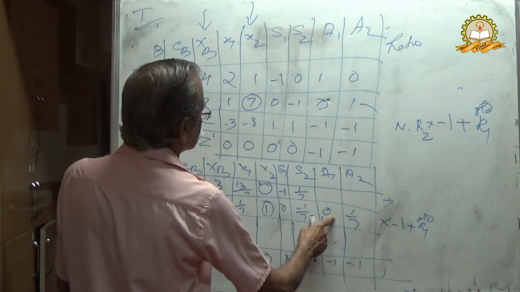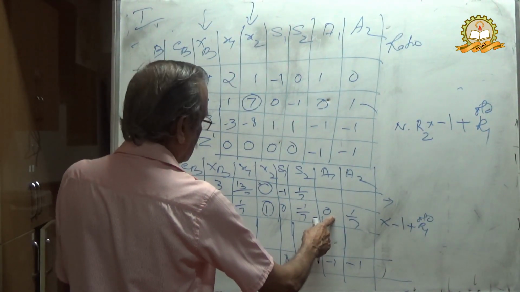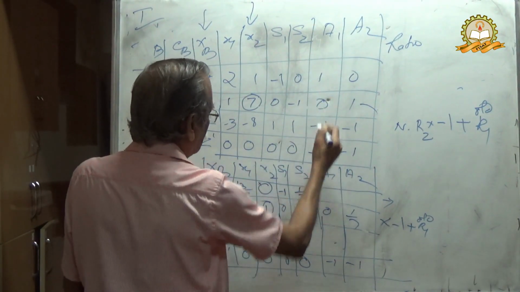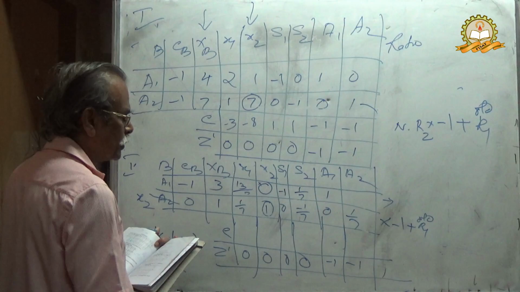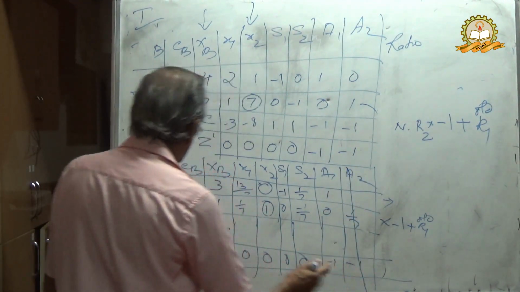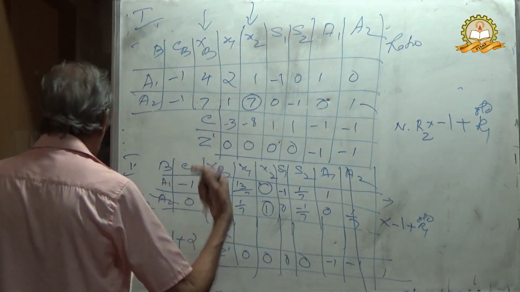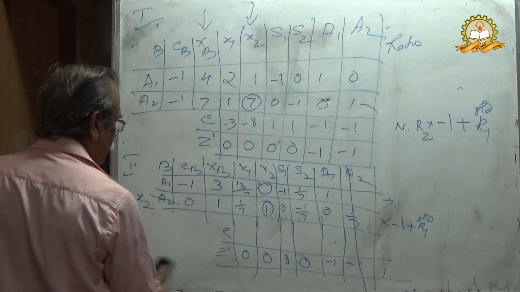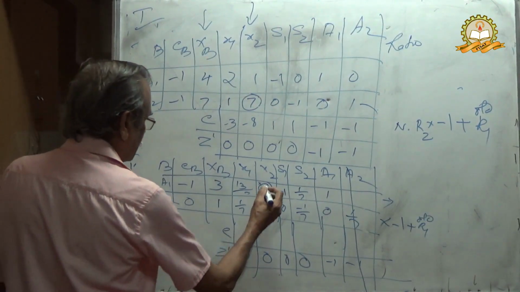And in this you have 0 into negative 1 plus that. You can delete this because it was already exchanged. You can delete that A2 column. Therefore, x2 equals 0.